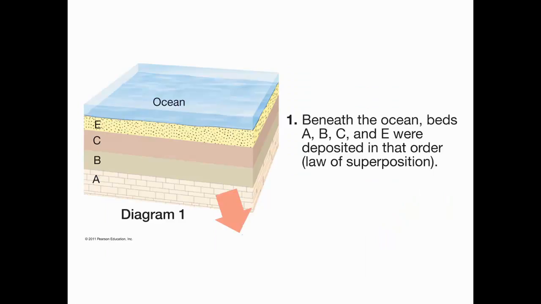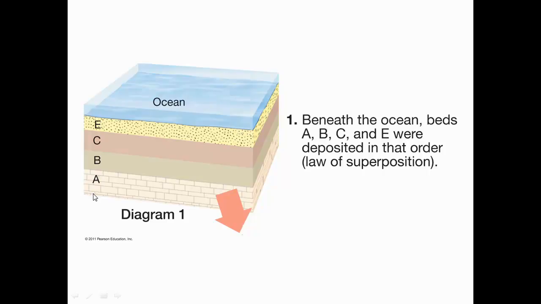So what happened first was that there was an ocean, and beneath the ocean, beds A, B, C, and E were deposited as a sequence of horizontally layered sediments that then lithified into sedimentary rock.